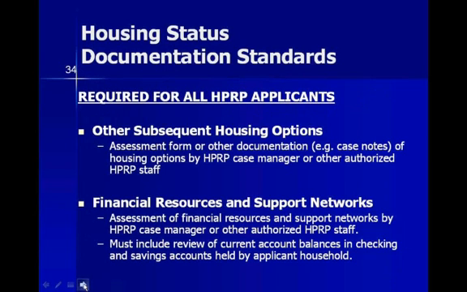However, it's expected that grantees and subgrantees will assess and document whether or not a household applying for assistance has other housing options and whether or not they have other financial resources or support networks to obtain or maintain housing. Ultimately, this may be documented by virtue of an assessment form or case notes or some other file documentation that clearly indicates that the household has no other housing options, no financial resources, and no support networks to address their housing needs.